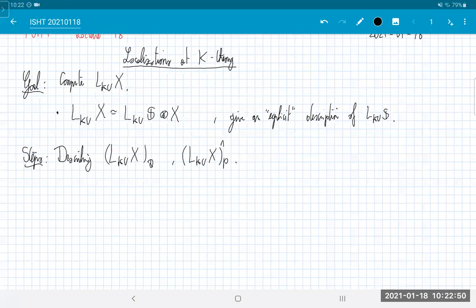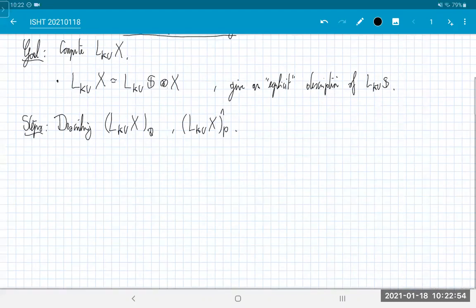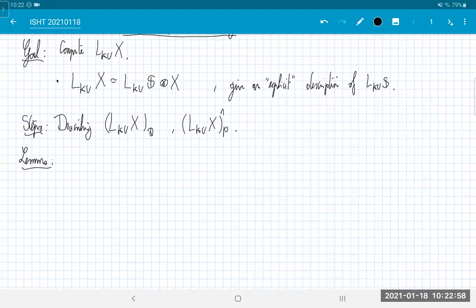And the first one is actually quite easy, so I'll write it as a general statement. The lemma is: let E be a spectrum such that its rationalization is non-zero, or if you want, such that there is some non-torsion element in its homotopy groups.